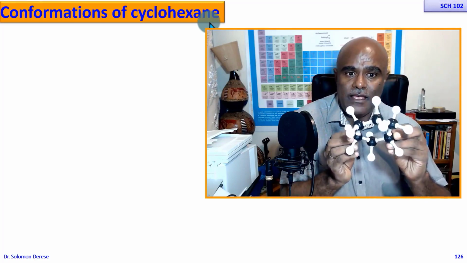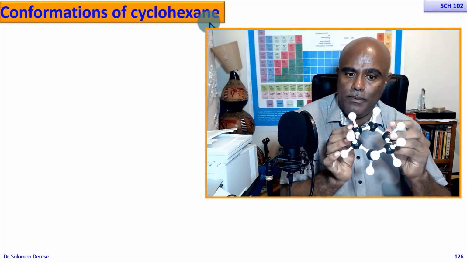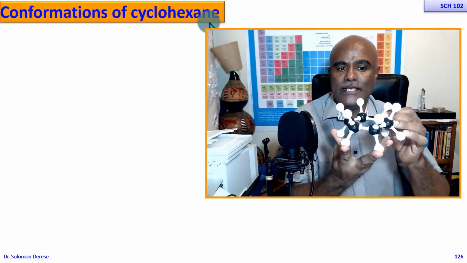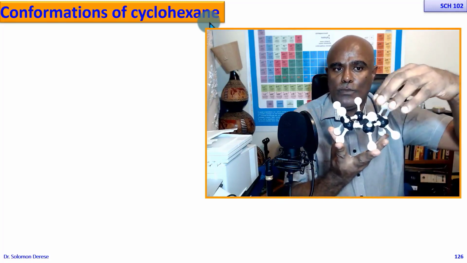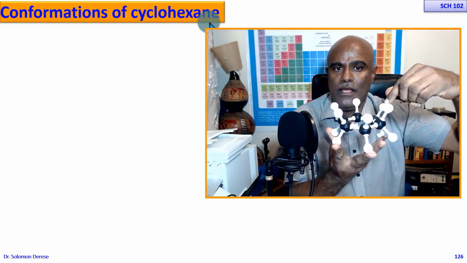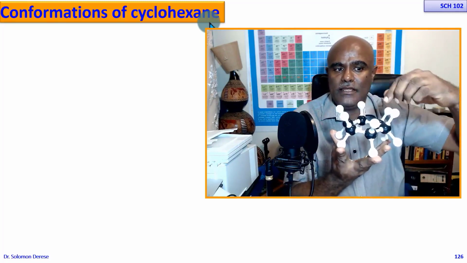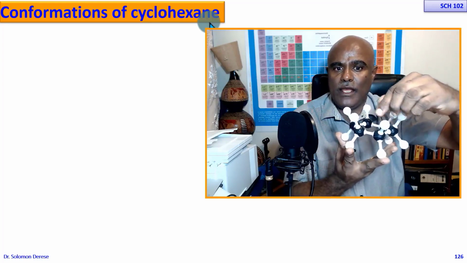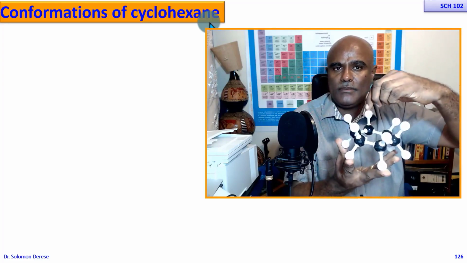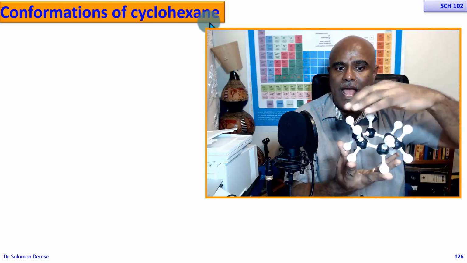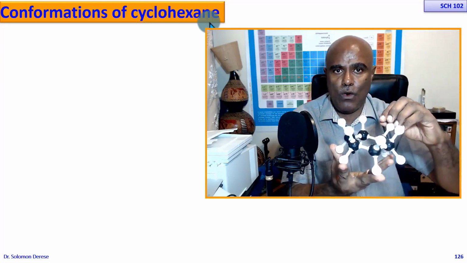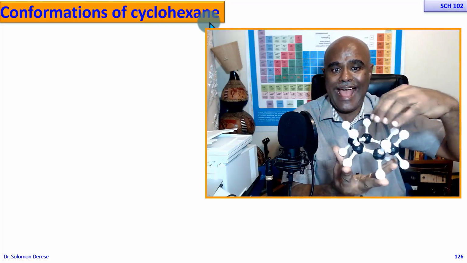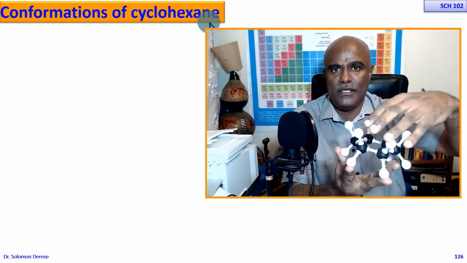The other thing, in the case of the planar cyclohexane, all the 6 hydrogens on top of the ring, this one eclipses this one, eclipses this one, and so on around the ring. As a result, all the 6 hydrogens on top of the ring have eclipsed each other.